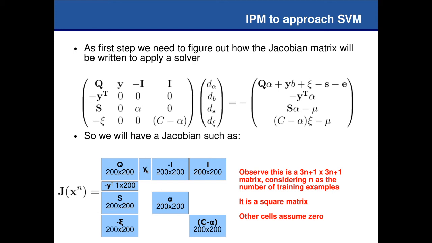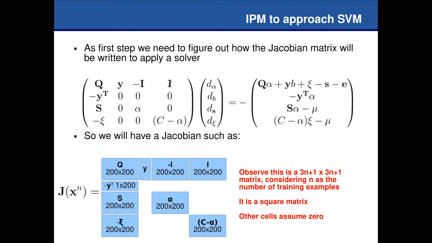This is our vector y with all classes as a column vector here. This is an identity. Take a look, this was the differentiation, minus identity. So minus identity, it's going to have minus ones over here. This is 200 by 200. Pay attention on this, please.